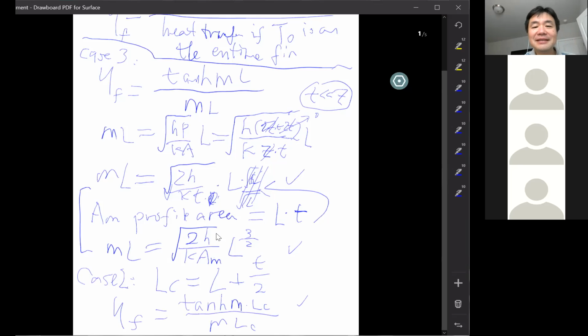Does that make sense? It becomes easier, right? You don't have to have a longer efficiency equation. Let's just use this. But there must be a condition. Then case 2 can be simplified into case 3.